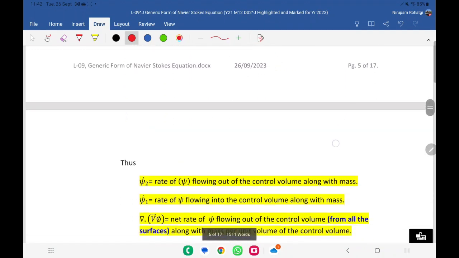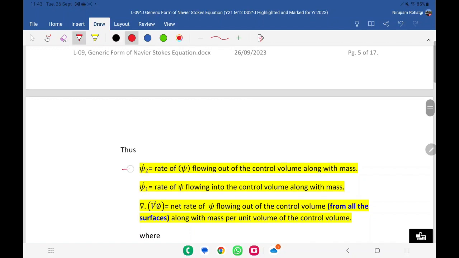Okay. So thus psi 2 is what? Rate of psi flowing out of the control volume along with mass. And this is flowing out with mass, or you can say with volume. Okay. Psi 1 is the rate of psi flowing into the control volume along with mass.